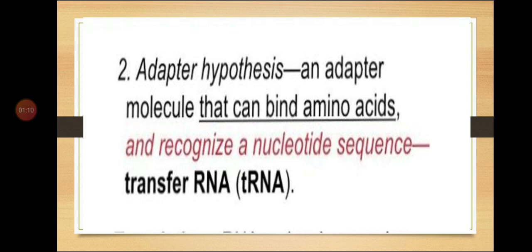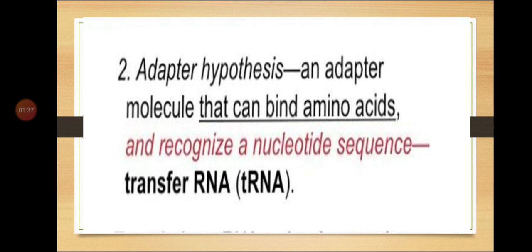Some scientists considered that there has to be a mechanism in which tRNA will read the codon and simultaneously bind with amino acids, as amino acids do not have any special capacity to read the codons. So, tRNA is considered an adapter molecule.